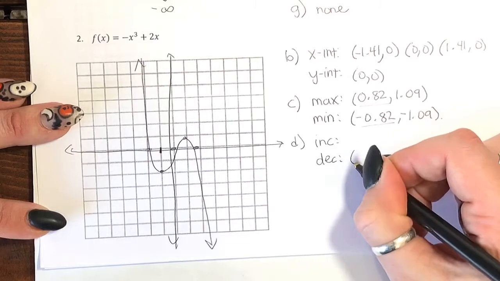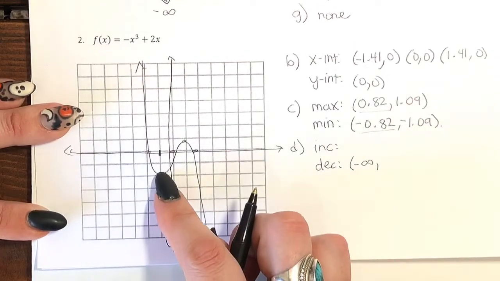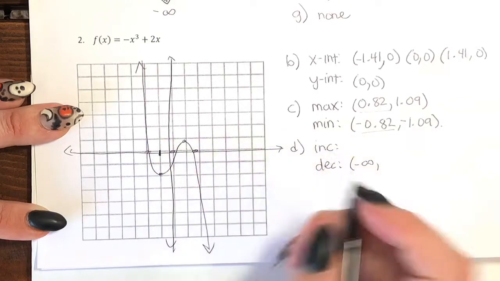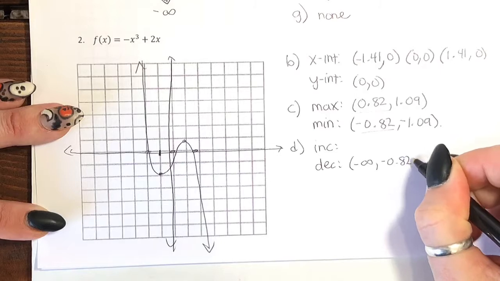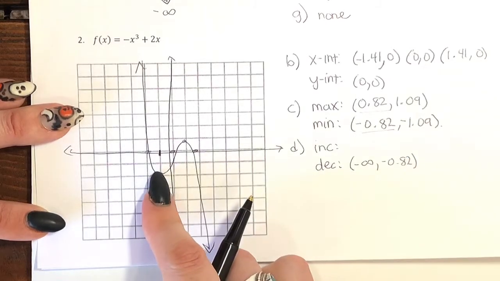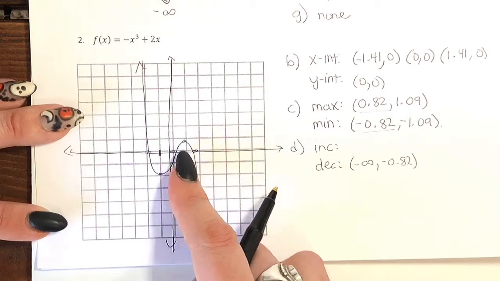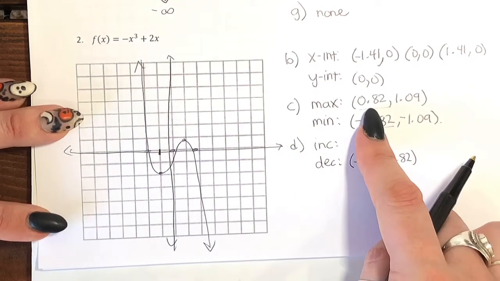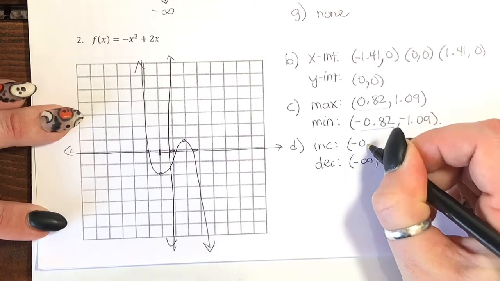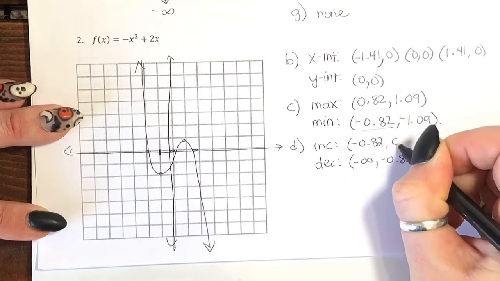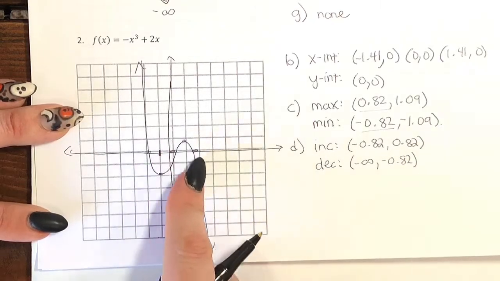So I'm decreasing from negative infinity until I hit this point, which the x value was at negative 0.82. And then once I hit negative 0.82, I'm increasing until I hit my maximum, which was at positive 0.82. So I'm increasing from negative 0.82 to positive 0.82. And then I start decreasing again.